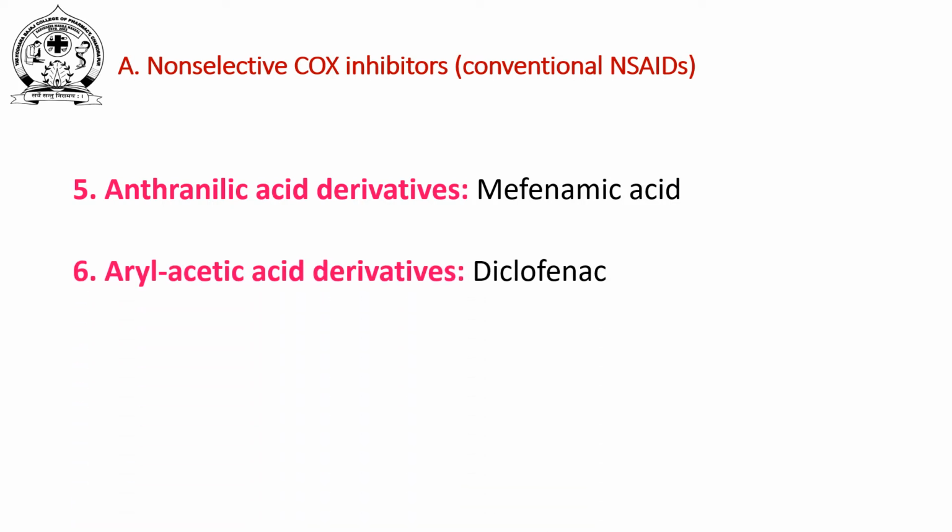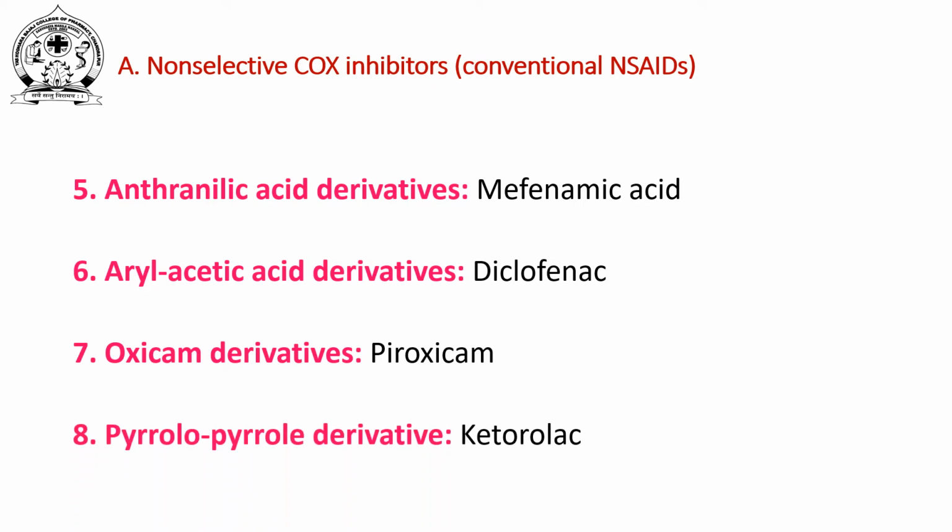Next are aryl acetic acid derivatives, example diclofenac. Next are oxicam derivatives, example piroxicam. Next, pyrrolopyrrole derivatives, example ketorolac. In pyrrolopyrrole derivatives, two 5-membered pyrrole rings, each containing one nitrogen, are fused together.